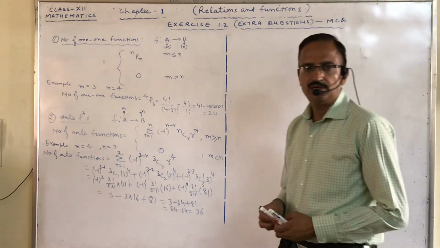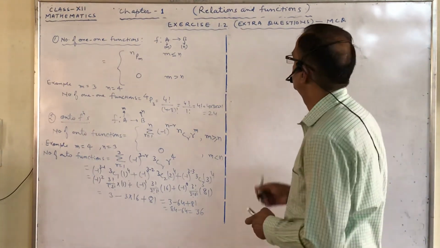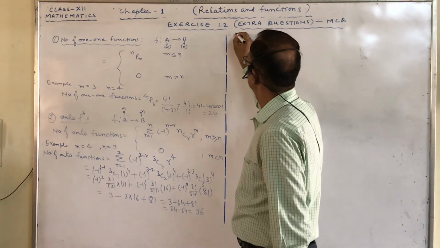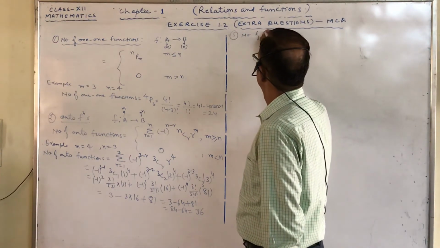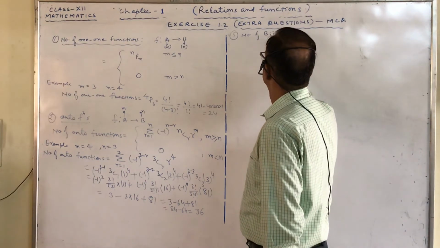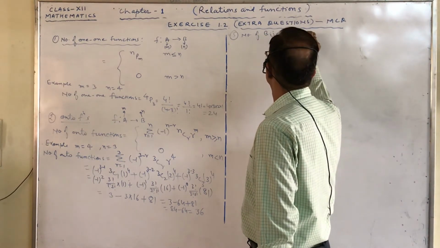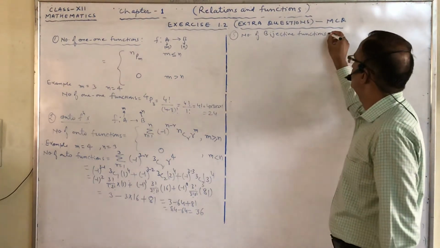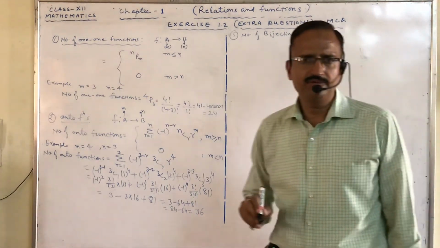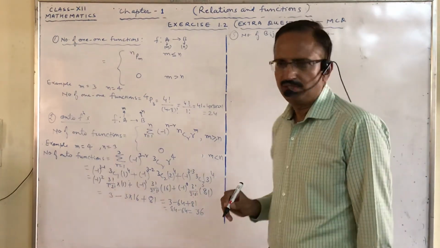Now, third is number of bijective functions. A function is bijective if it is 1-1 and onto.